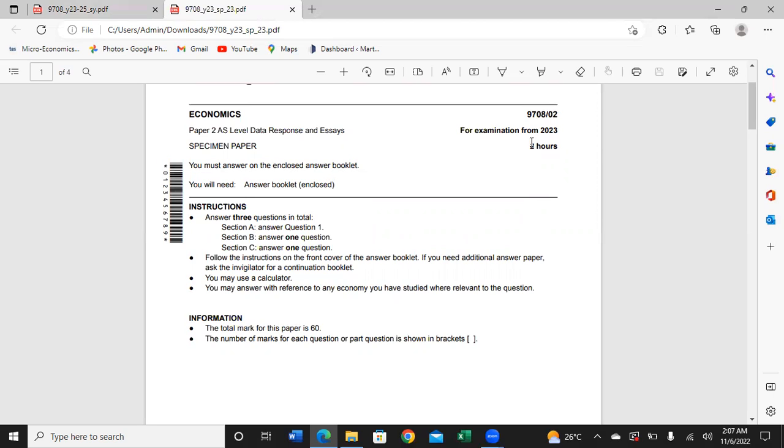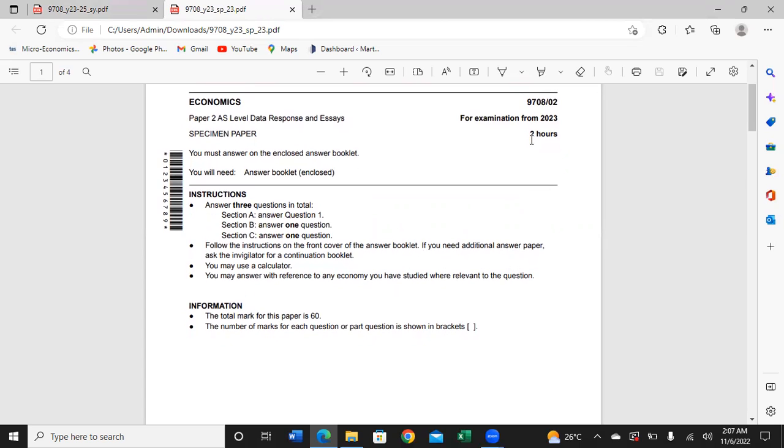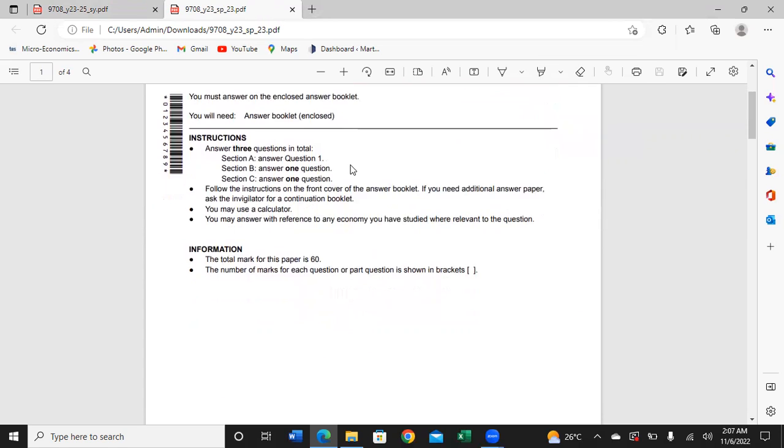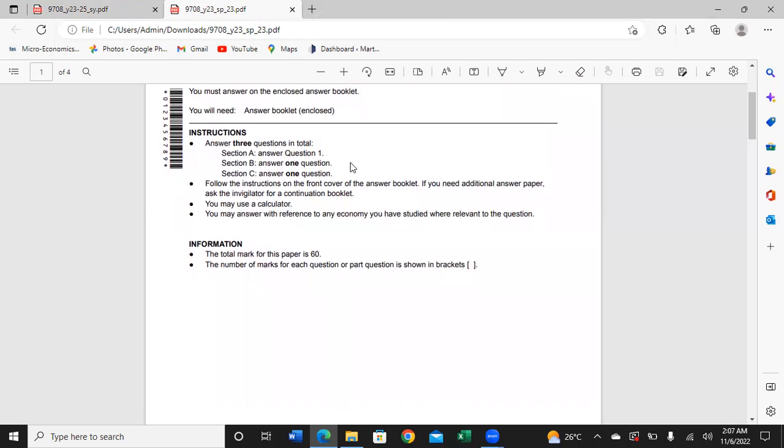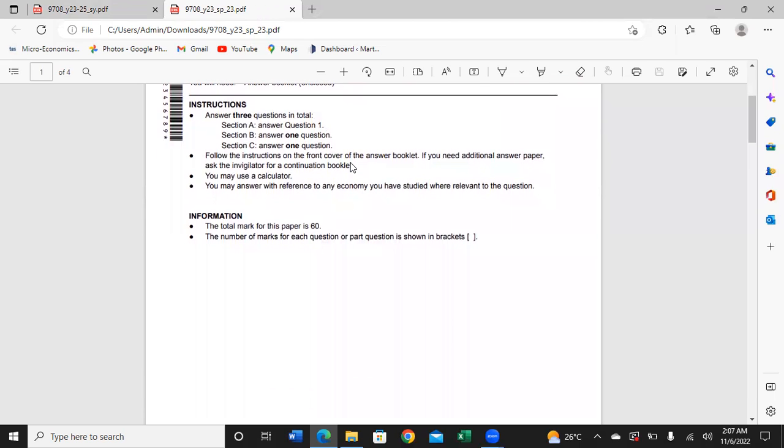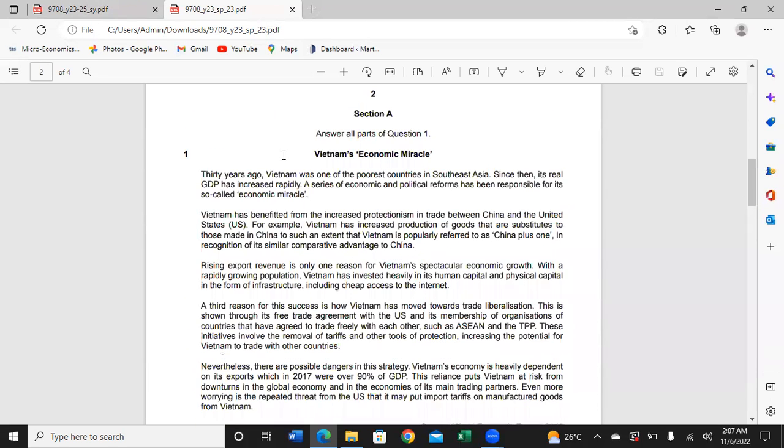For examination from 2023, it has 2 hours. So this booklet is enclosed. Answer 3 questions in total. Section A, question 1, is compulsory. Answer 1 question from section B. Answer 1 question from section C.